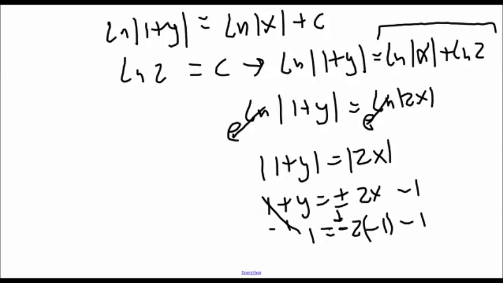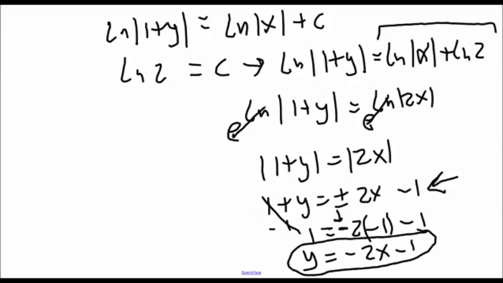And so that doesn't work. But if I put the little minus there, now I have negative 2 times negative 1, which is 2. 2 minus 1 is 1. So what this indicates is that I need the negative version for my answer. So we had to interpret this and figure out whether the plus or the minus was correct. And it turns out that it is the negative version. So negative 2x minus 1 is what I needed. And there is my particular solution.